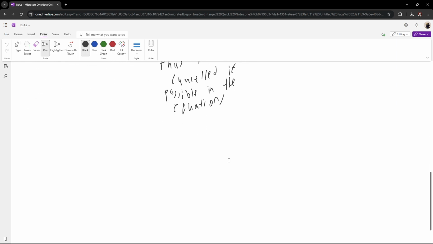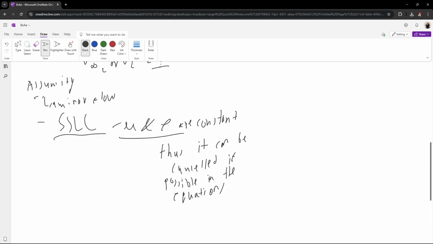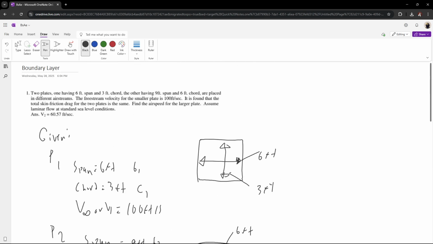Okay, so again, the required, which I didn't write, is V sub 2, which is the airspeed for the larger plate. Now, how do we get that?